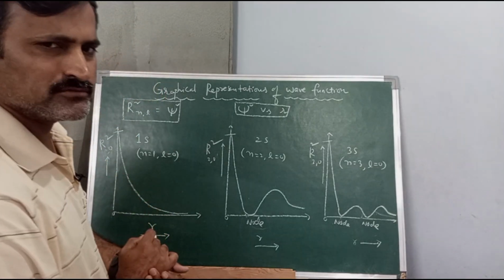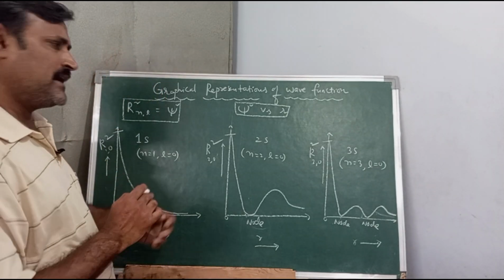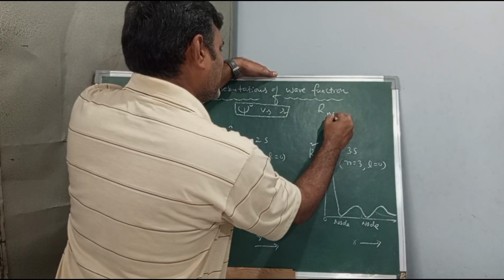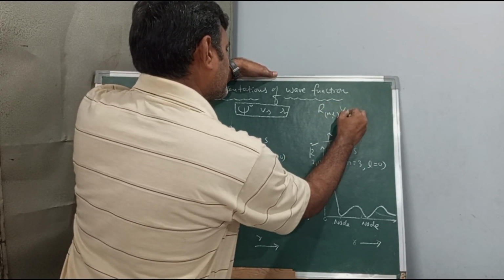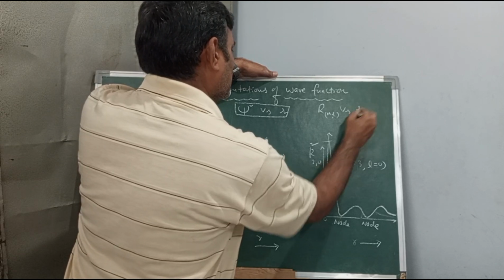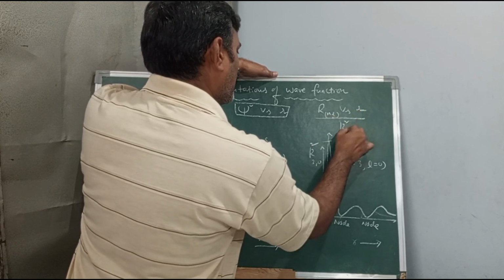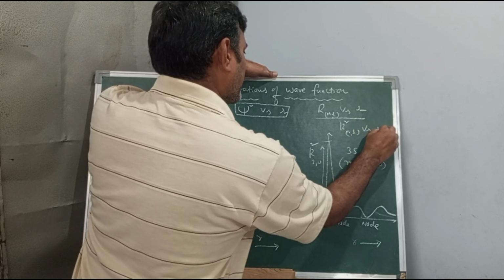Now, can we believe this graph and R_nl versus radius, and R squared nl versus radius?